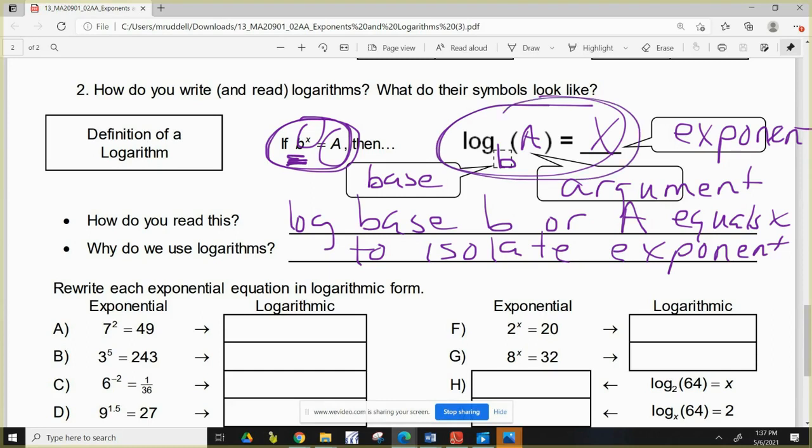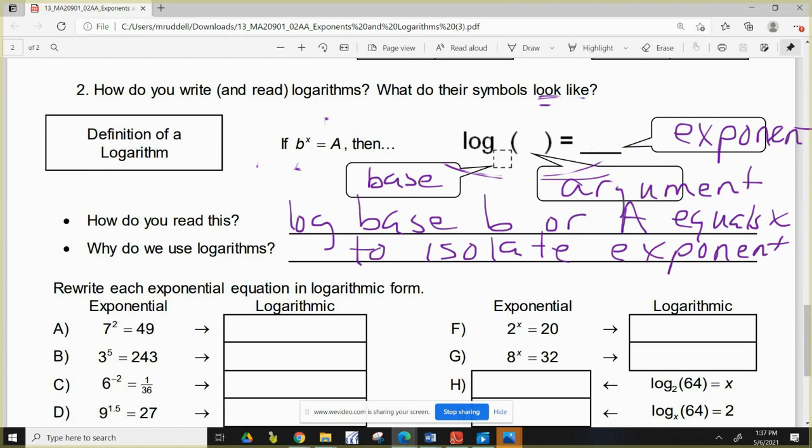What you're going to be doing today is rewriting using this formula. Let me erase some of this stuff. It gets kind of cluttered. Remember, the base goes here, the exponent goes here, and the number or the argument goes there. So if you have 7 squared equals 49, it's going to be log base 7 of 49 equals 2.